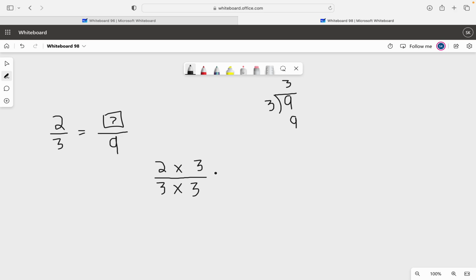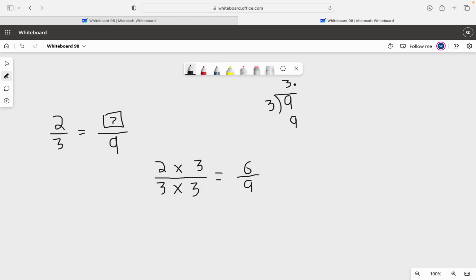Here we already know the answer is 9, and the numerator would be 6 by 9. What we have done, guys, is we know they have given the denominator. To find out what number we need to multiply by, divide the bigger number by the smaller number.